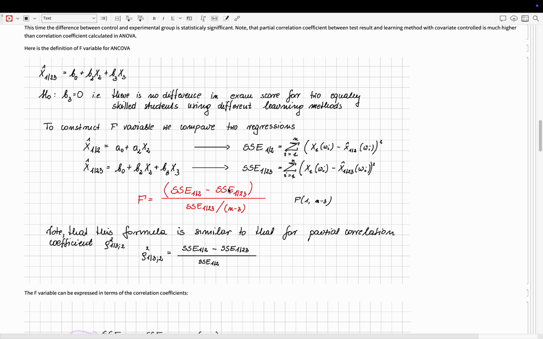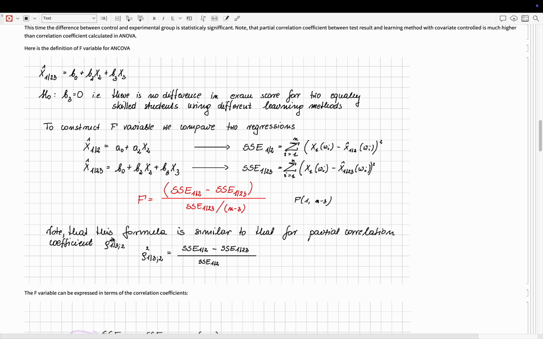The number of degrees of freedom of the numerator is the difference of the number of degrees of freedom of the two models. This has n minus 2 degrees of freedom. This has n minus 3. So at the end we have 1 degree of freedom in the numerator.